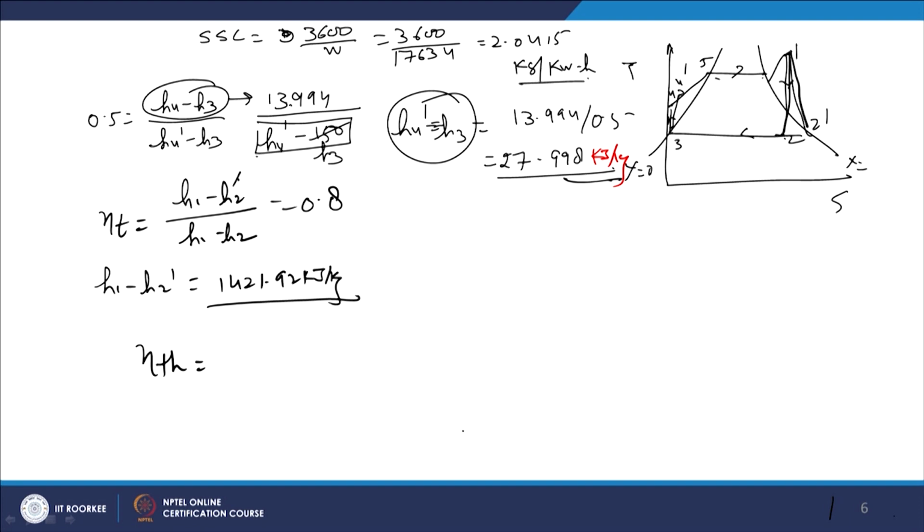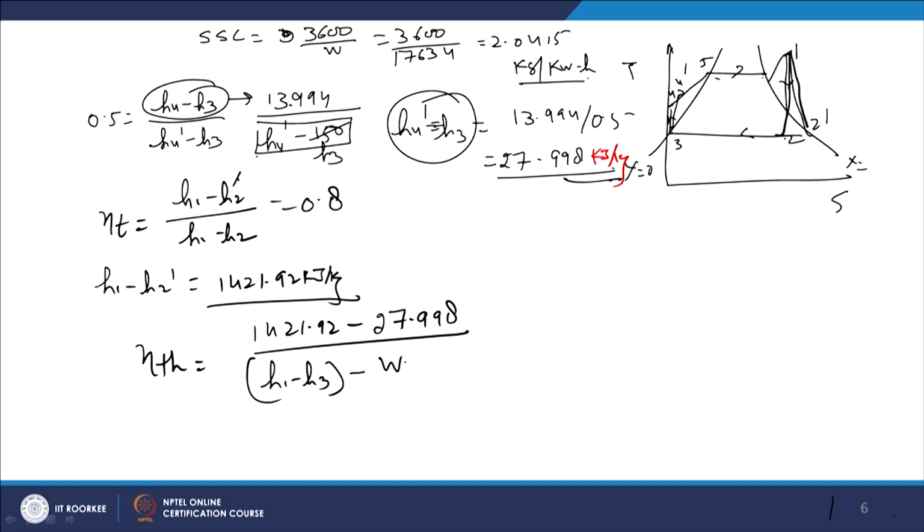Now we are calculating the thermal efficiency again. We will take H1 minus H2 dash minus pump work, that is 27.998, divided by H1 minus H3 minus the work of the pump, which is 27.998 kilojoules per kg.